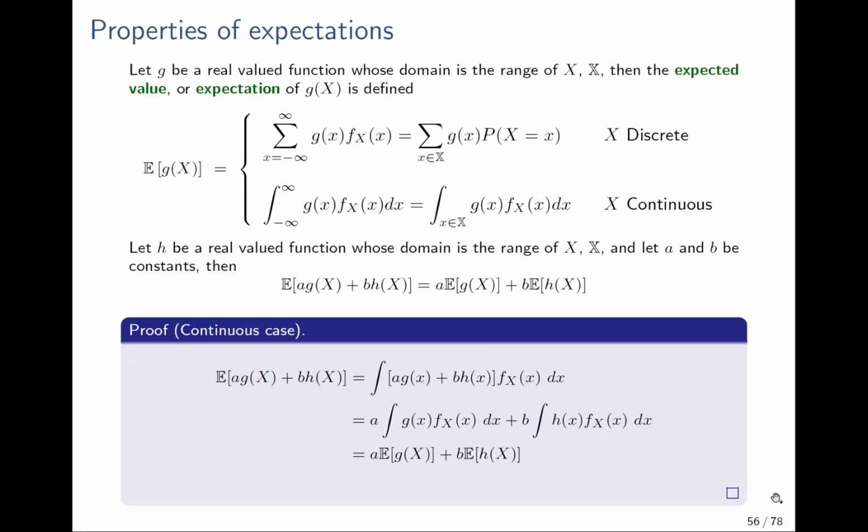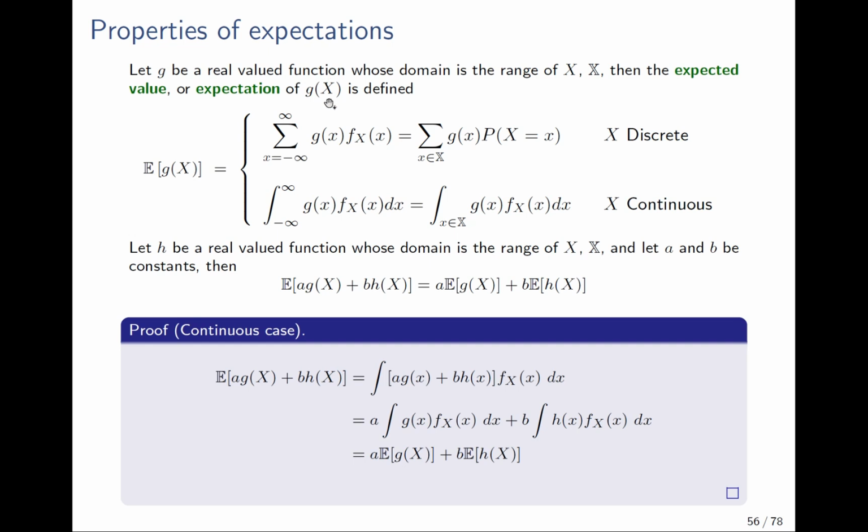Properties of expectations are summarised in this slide here and they're very simple. Let g be a real valued function whose domain is the range of x. Then let's think about the expectation of g of x, the function of x. We're looking at a function of x just to generalise these properties so that they don't just apply to the random variable itself, but to any function of that random variable.